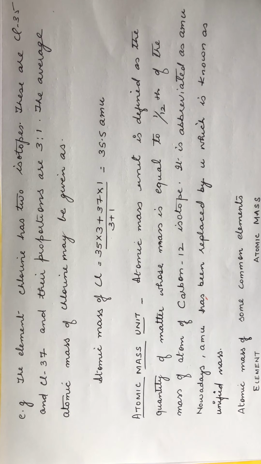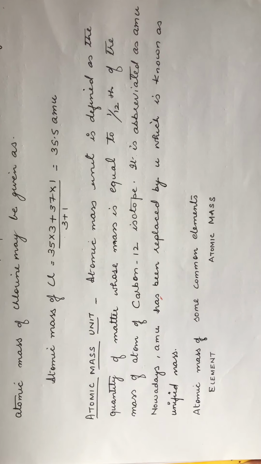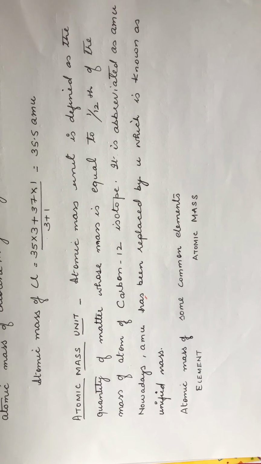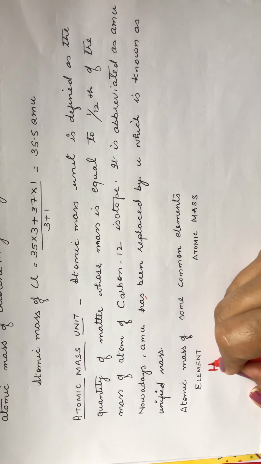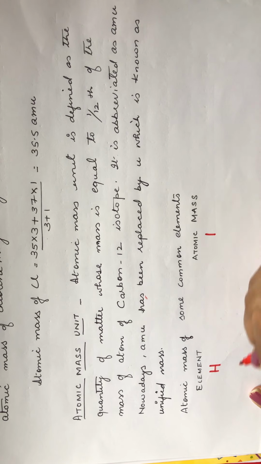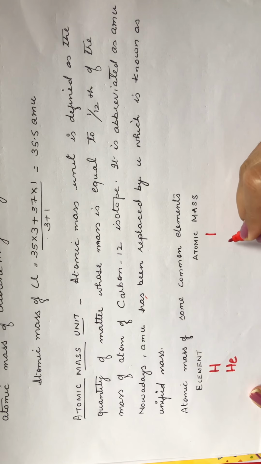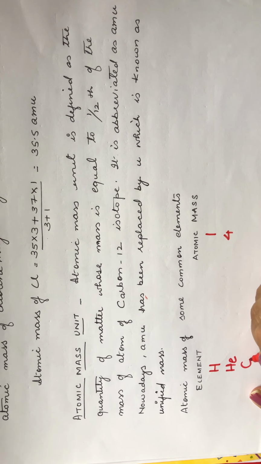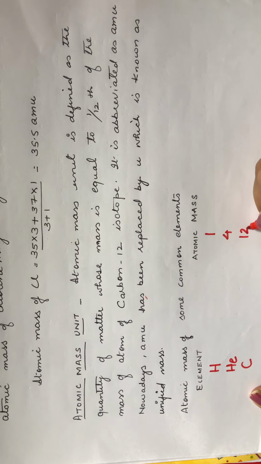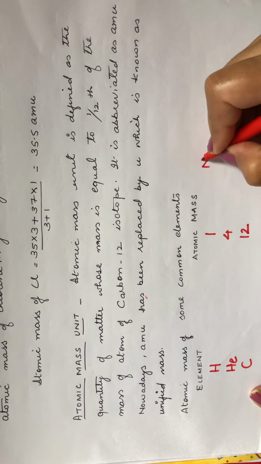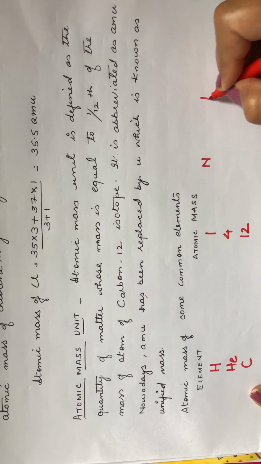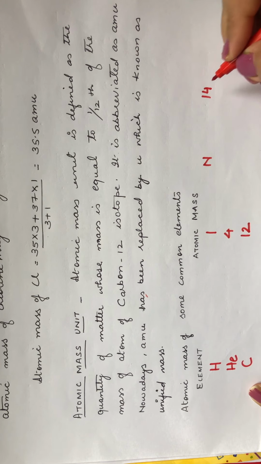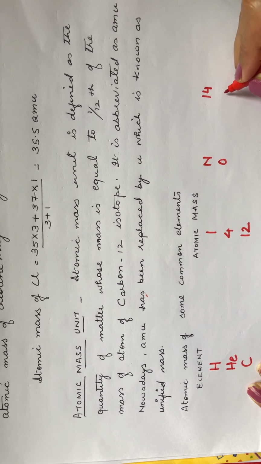Atomic masses of certain common elements we have to learn. Atomic mass of hydrogen is 1. Helium is 4. Carbon is 12. Nitrogen is 14. Oxygen is 16.